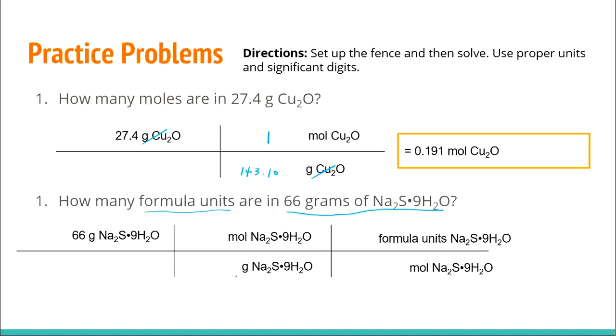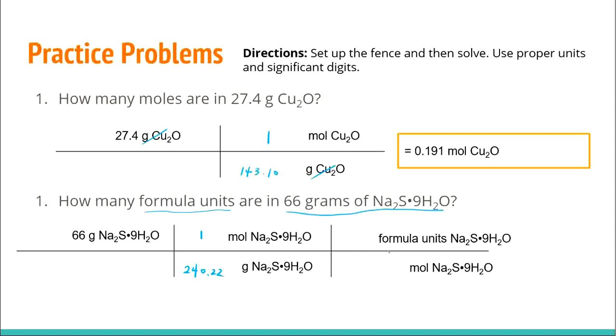You need to recognize that that is molar mass. We found the molar mass of this hydrate previously: 240.22 grams per mole. So where do those numbers go? 240.22 will go on the bottom next to the unit grams. 1 goes on top.